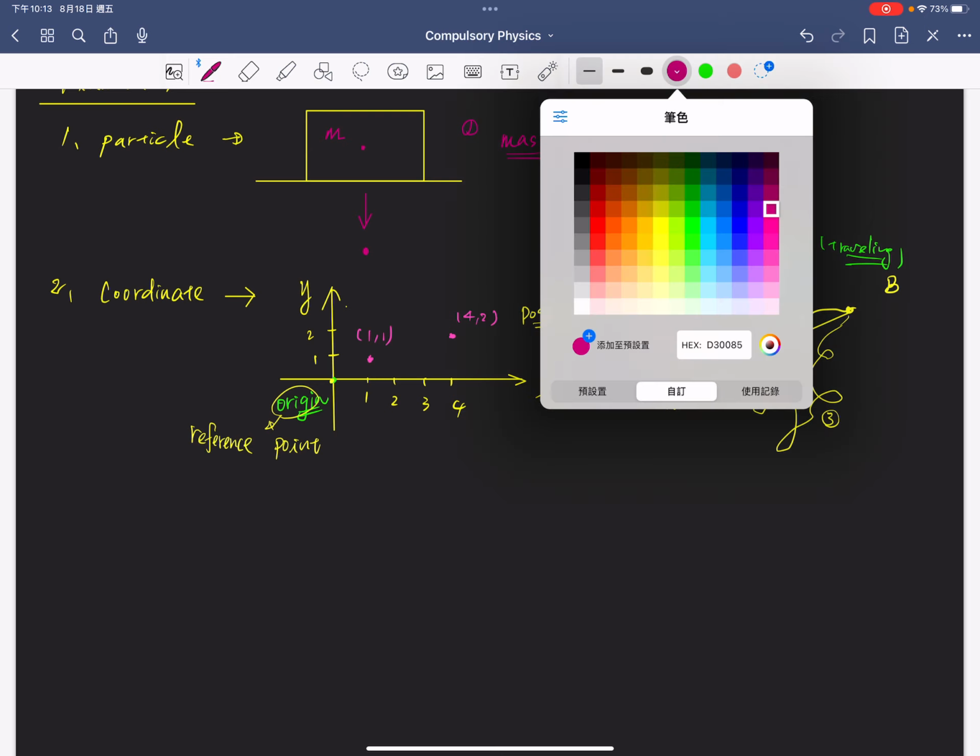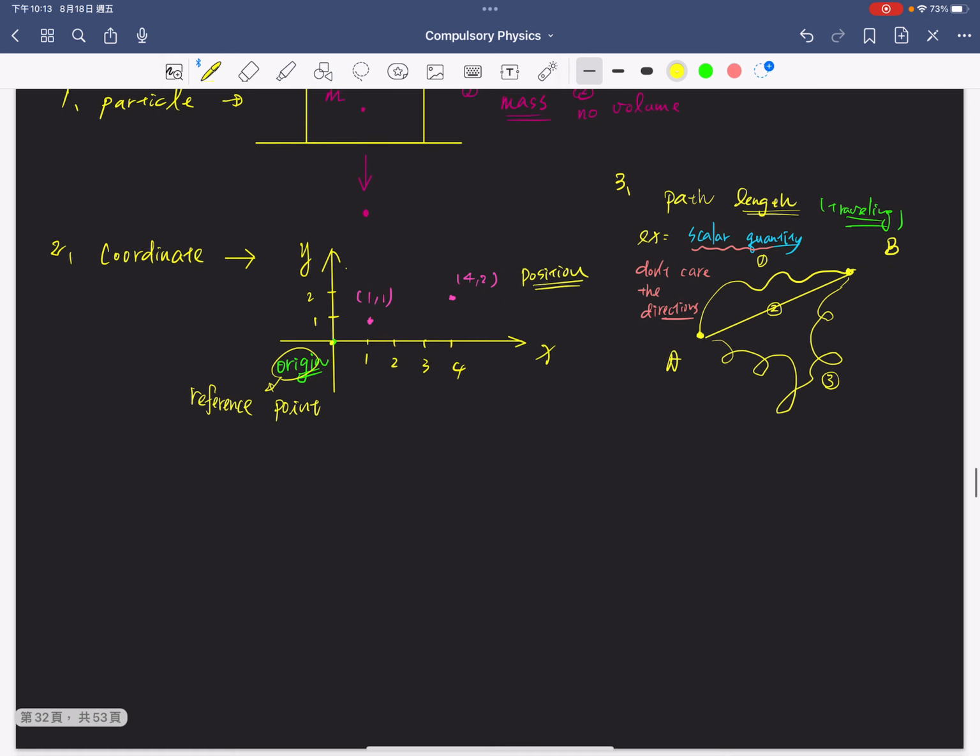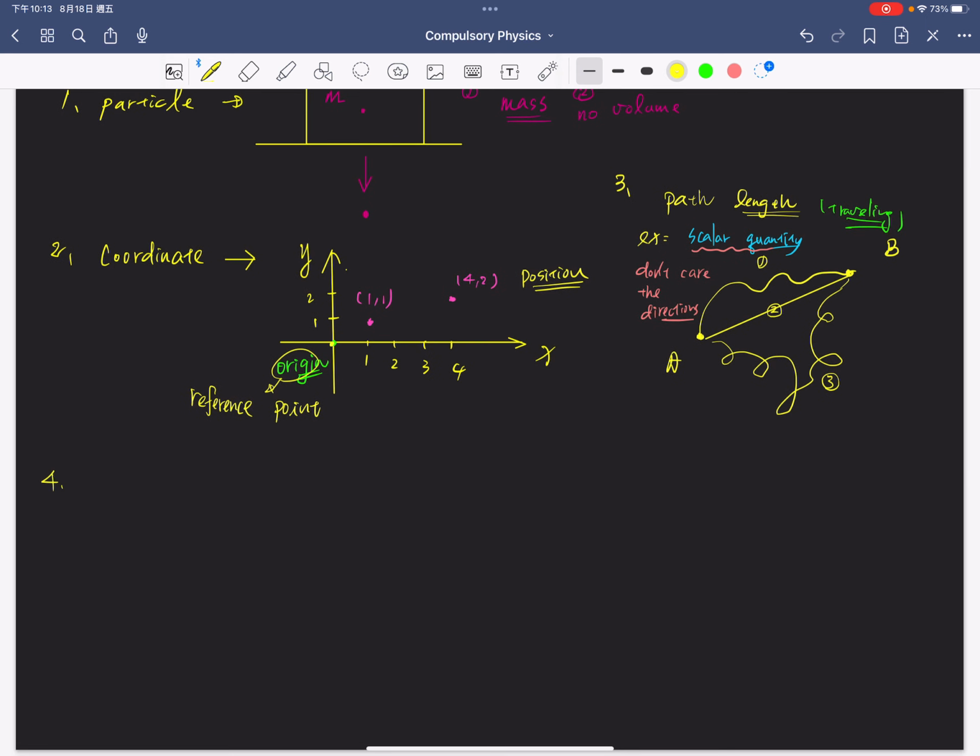When we finish talking about path length, here is another physical quantity to help us, called displacement. Displacement involves two parts. The first part is the direction, and the other is the magnitude.